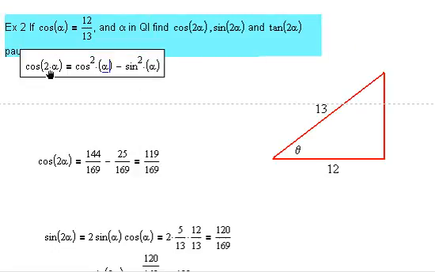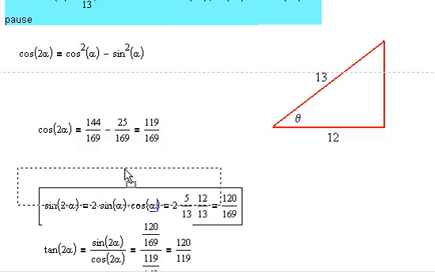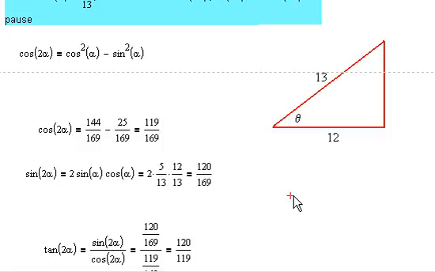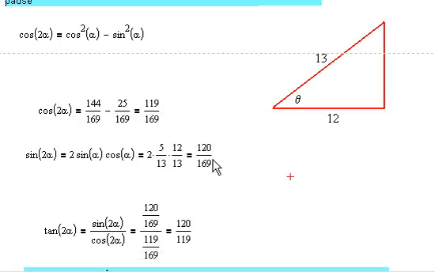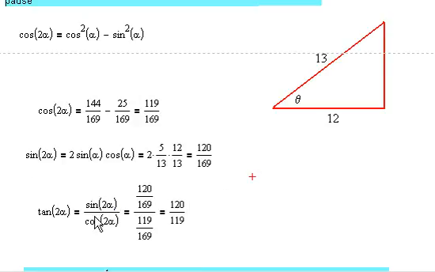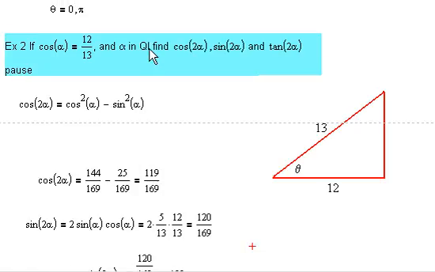Because otherwise I would have a little bit of a difficulty here. This sine of 2 alpha could possibly be negative 5/13. So since I said it was 5/13, then I can go ahead and without any problems say the tangent of 2 alpha is positive 120 over 119.